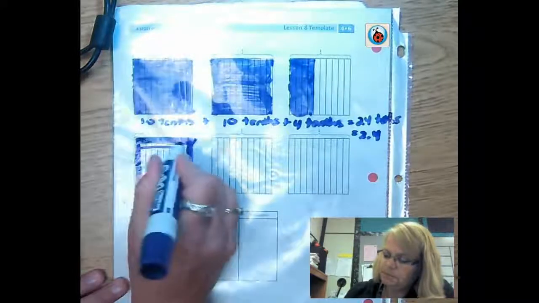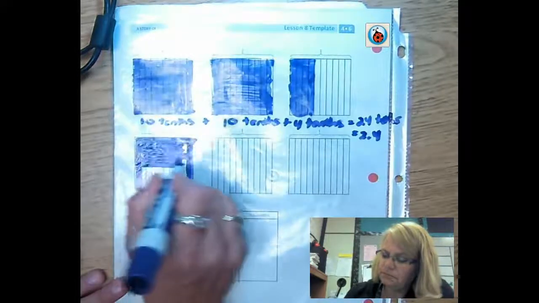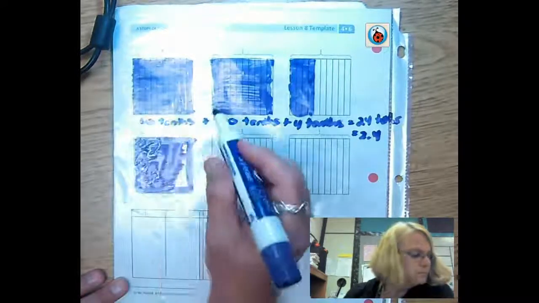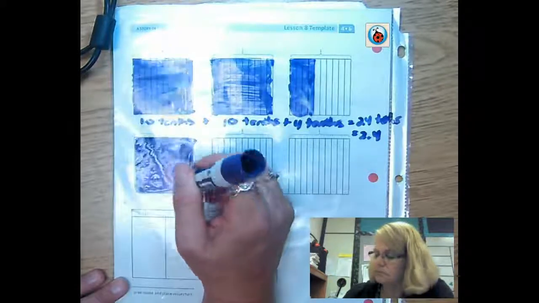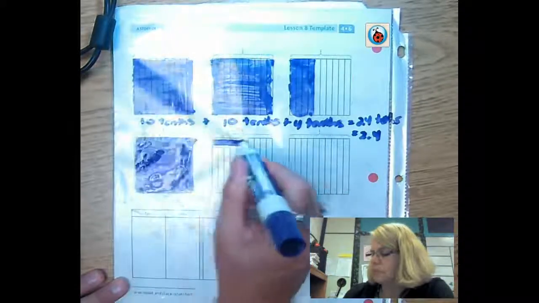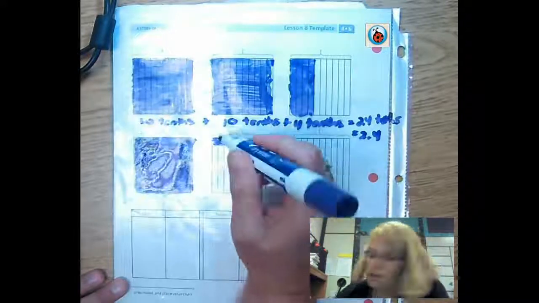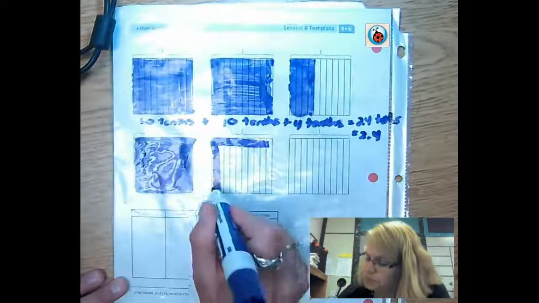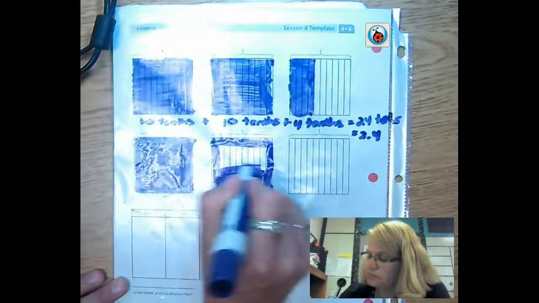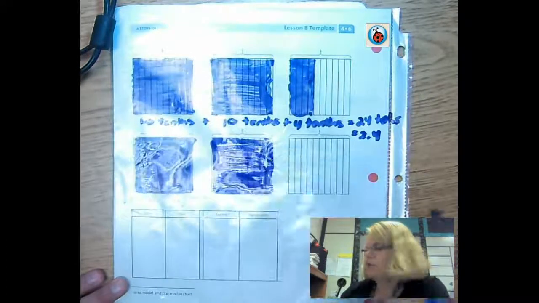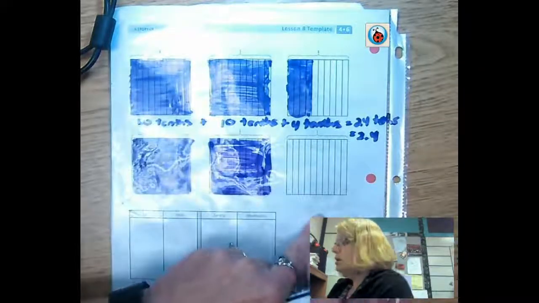So I'm going to shade in 2 ones. Now what do I need to do to this one to make it into hundredths?